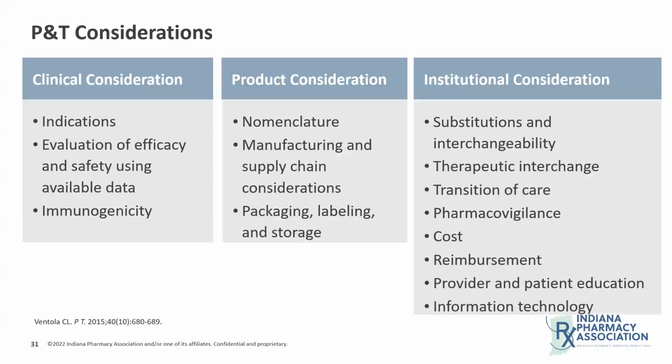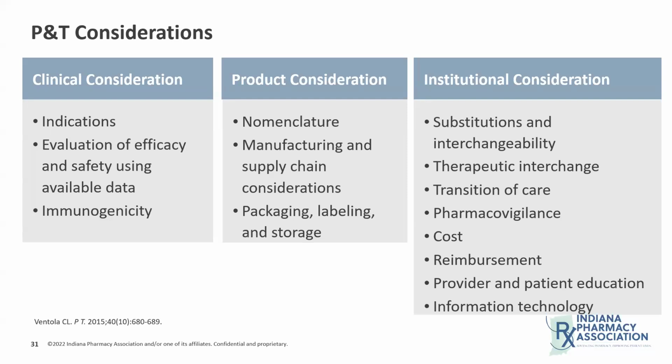With that being said, here are some really big concepts that I'll dive into further with continuing slides after this. So these are all P&T considerations. The P&T committee needs to assess what their institution is going to be using the biosimilars for, what data is already available, and then what kind of immune response could occur when switching products on that formulary.